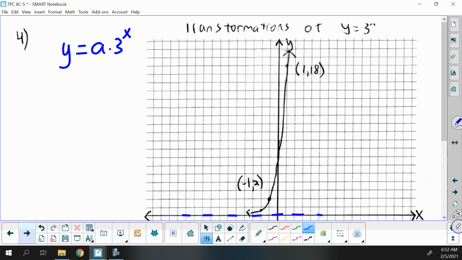And I'm going to avoid the negative, so I'm going to use the (1, 18) as my point. So we'll have 18 for y and 1 for x. So this is 18 equals a times 3.